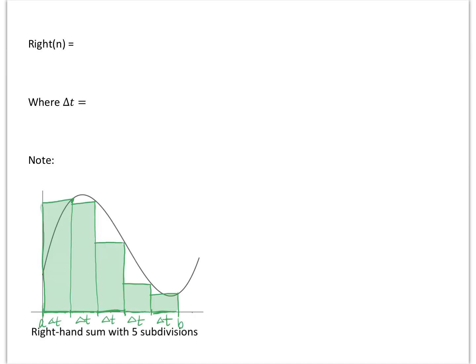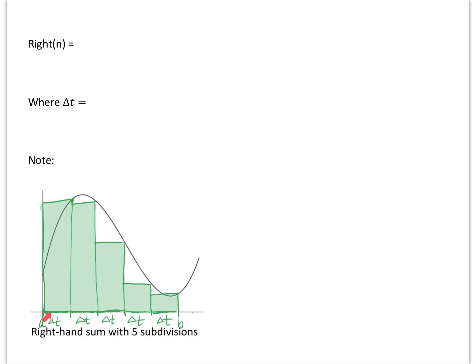So now I'm going to do a similar definition for a right sum with n subdivisions. And I'm going to look at my green picture here because this was my example of a right-hand sum. So if I had n rectangles instead of 5 rectangles, I would calculate it by adding up rectangles again.